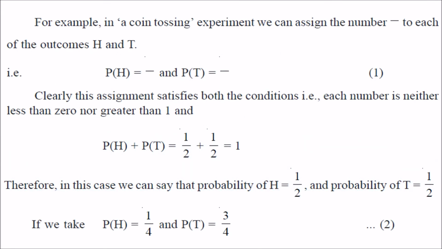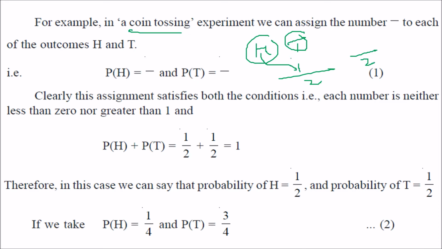So let us take tossing a coin. If we toss a coin, head and tail would come. The number of cases would be 2, but the favorable case for H is 1. Again for tail, the total number of cases is 2, but the favorable case for T is 1, so half and half.